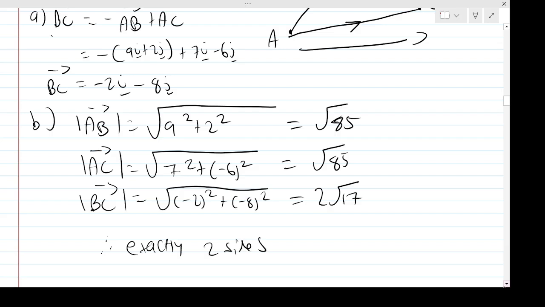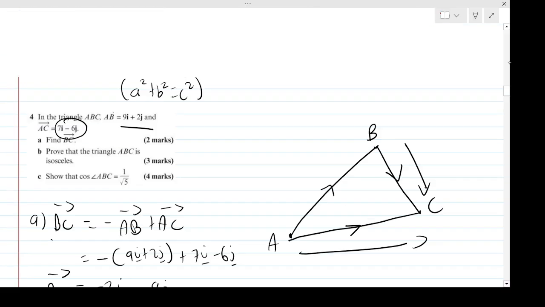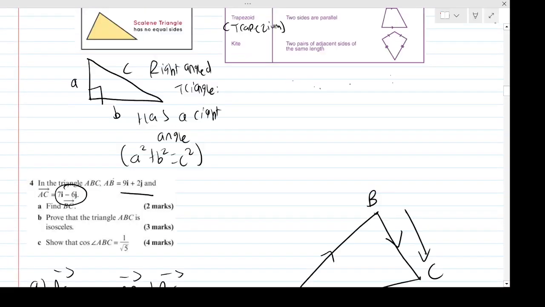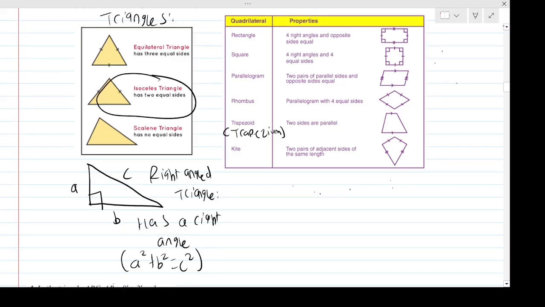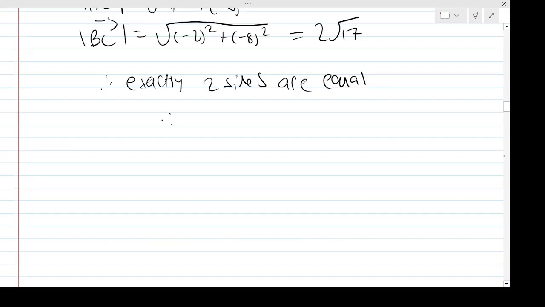So if we go back to our defining properties list, an isosceles triangle has two equal sides. We found that there were two equal sides, so it has to be isosceles. And there we are. So that is the whole idea of proving if something is isosceles, or something's a trapezium, or something is a rhombus. We will look at more examples, but that's the whole theme.